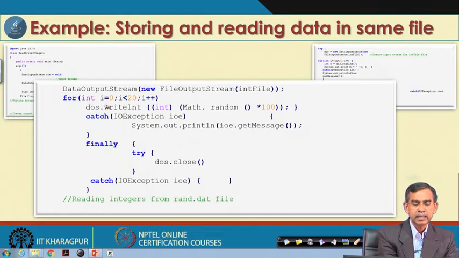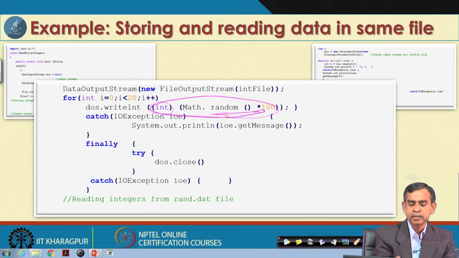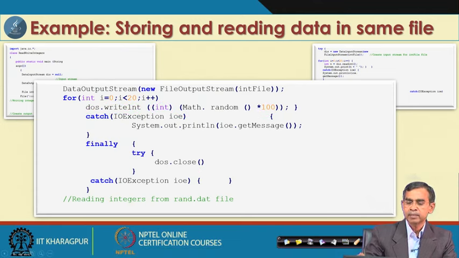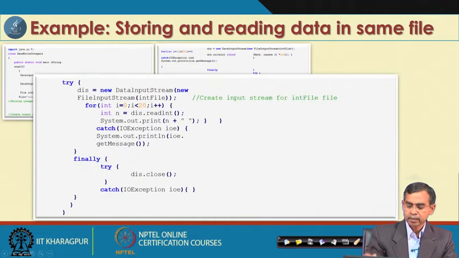Here, for i equals 0, a total of 20 random numbers will be generated using the random function which is there in java.lang, and then written into that stream. This way it writes into the file. Once the file writing is over, we can read the same thing from the file.